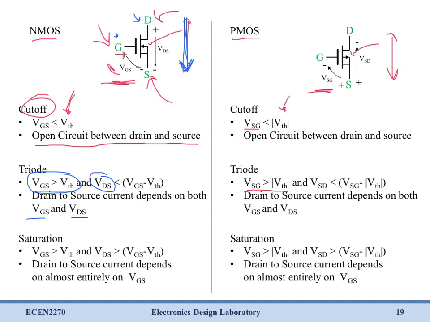And so we're going to use MOSFETs in the cutoff region for an open switch and in the saturation region for a closed switch. Now in the saturation region, again, VGS is greater than a threshold, or VSG is greater than the absolute value of it. But in this case, VDS, or drain to source voltage, is larger than VGS minus V threshold. Now what this really means is that our source is at some low voltage.